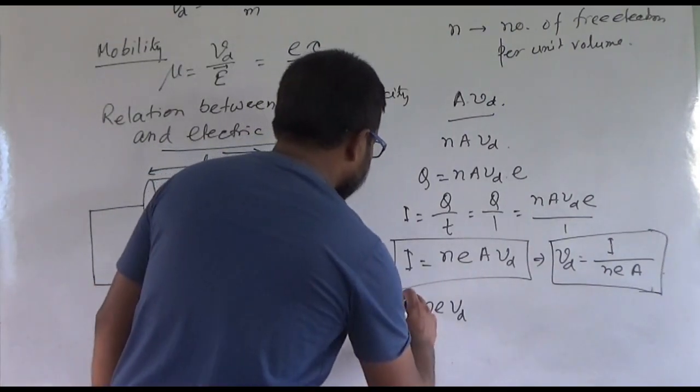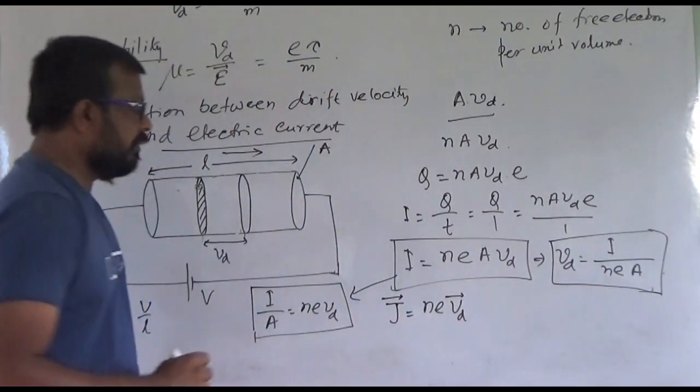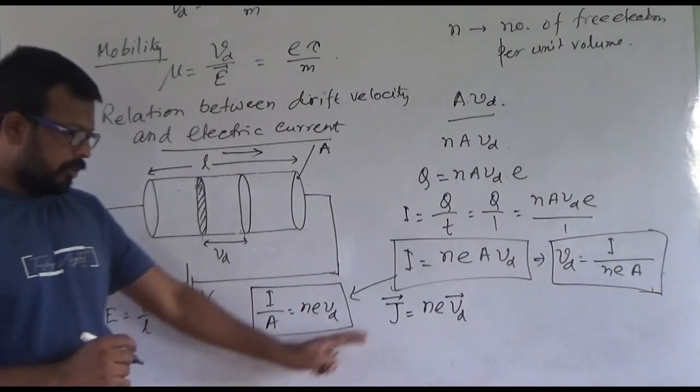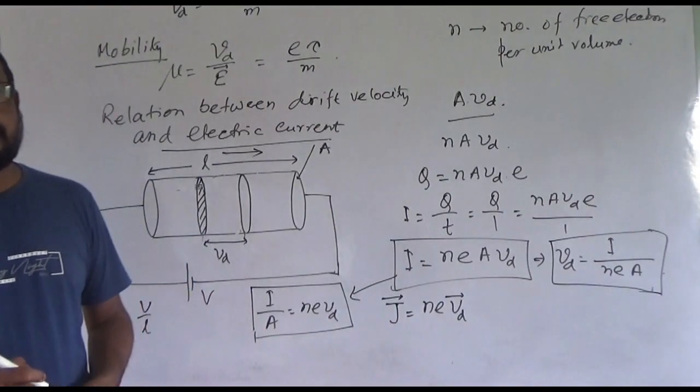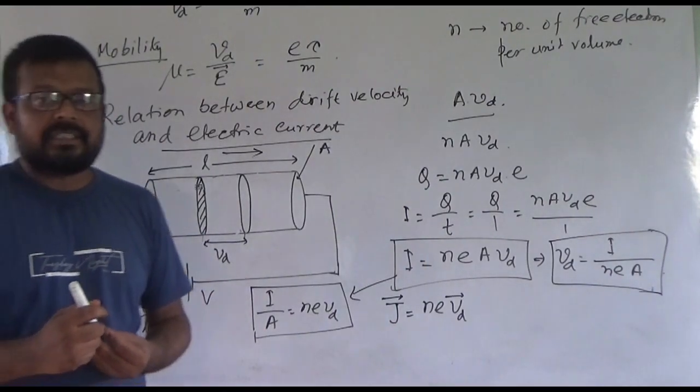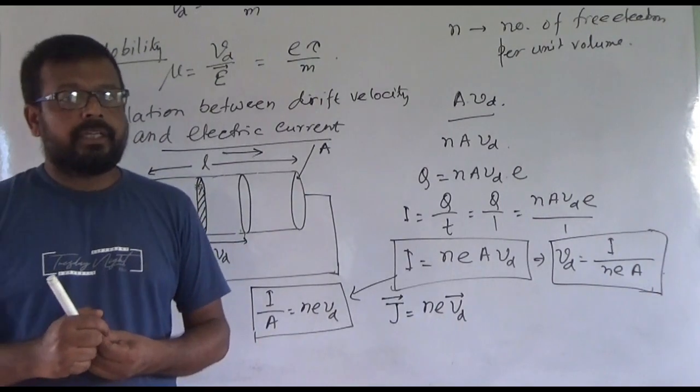That means J vector equals neVd. This J, which is called current density, is the current through unit cross-sectional area.